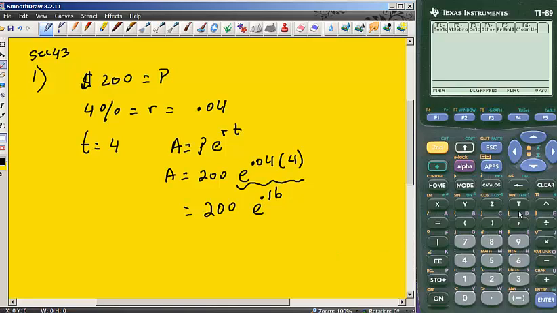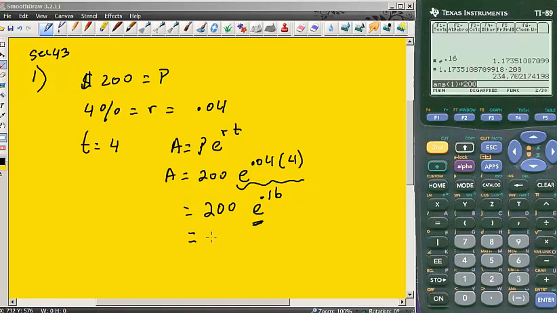So we're going to find E and raise that to the 0.16, and I have it in my calculator. Now I'm going to multiply that by 2,000, and you're going to get $2,234.70. That is compounded continuously.